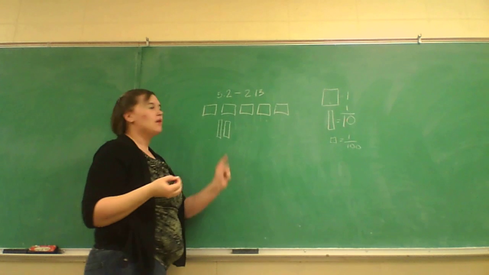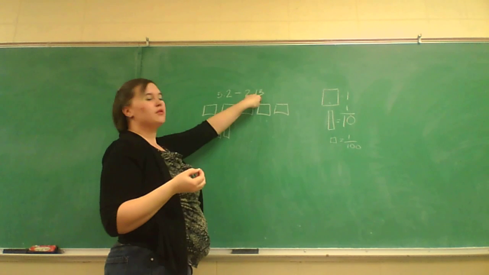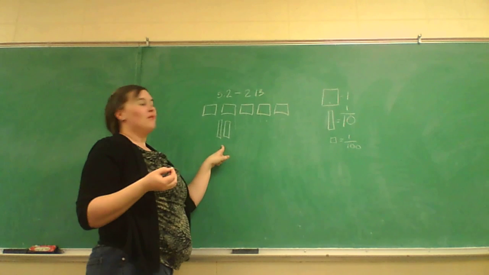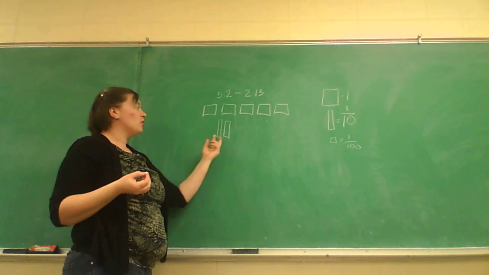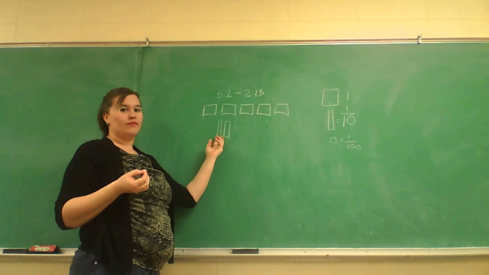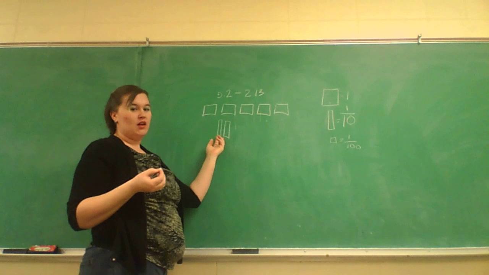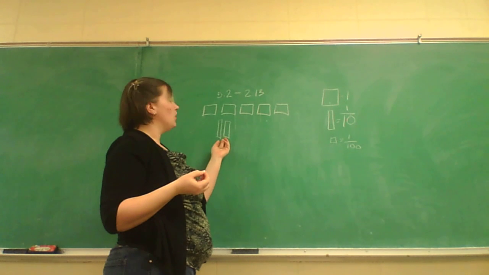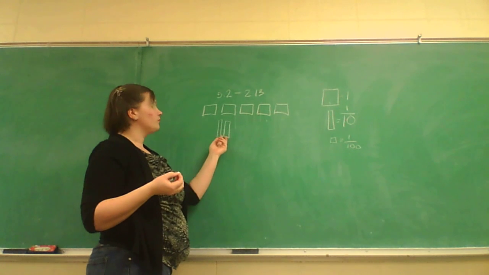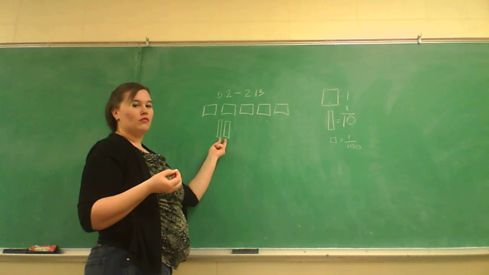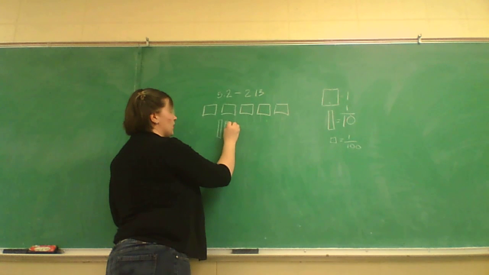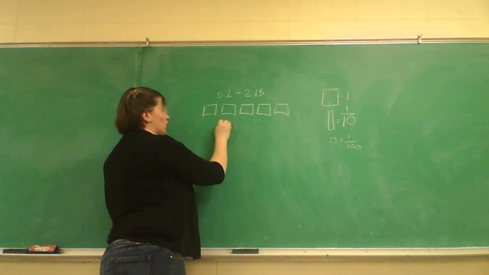So the first thing I immediately notice is this goes to the hundredths place, but my first number only goes to the tenths. So what we can do is we have 2 tenths, and we can break this down into 20 hundredths.